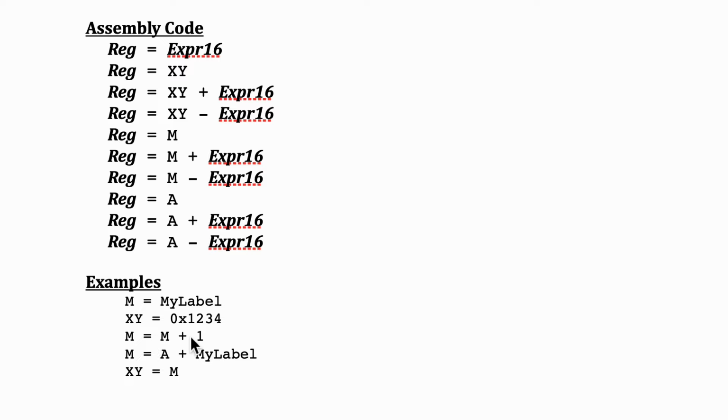And in these other examples, we see that we can use it to increment the M register, or maybe offset from a particular label with the A register. And finally, we see that we can use this instruction just to copy from one register to the other.